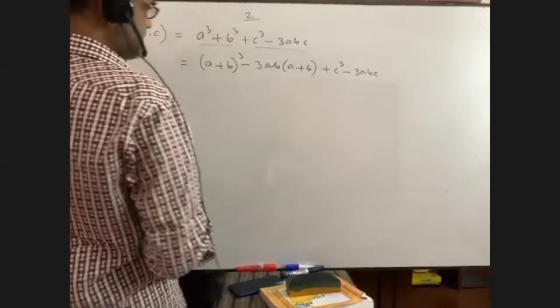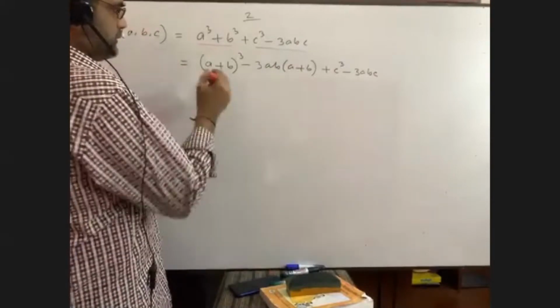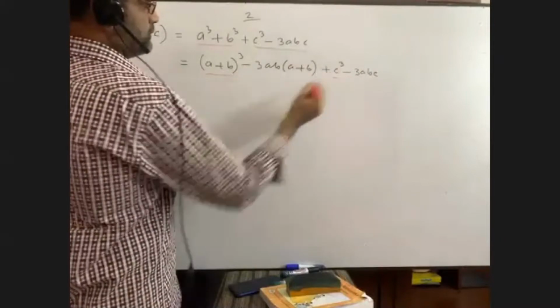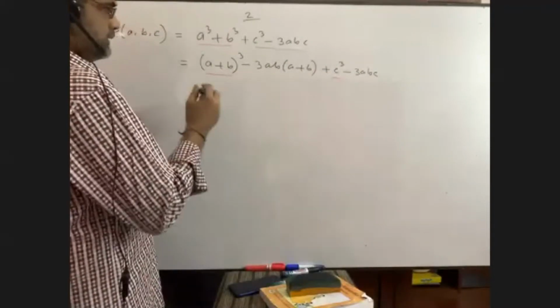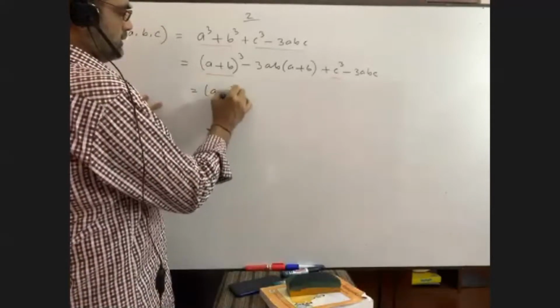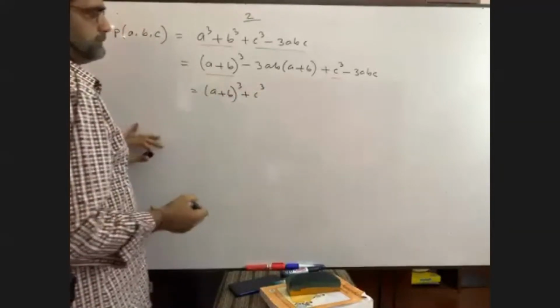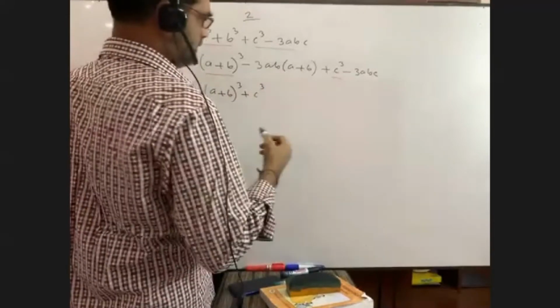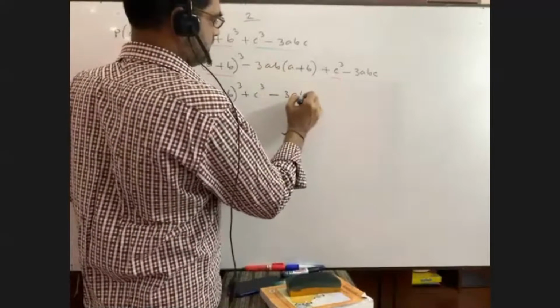Now you again see this a plus b whole cube and this c cube can be put again into the a cube plus b cube corollary of formula. This.